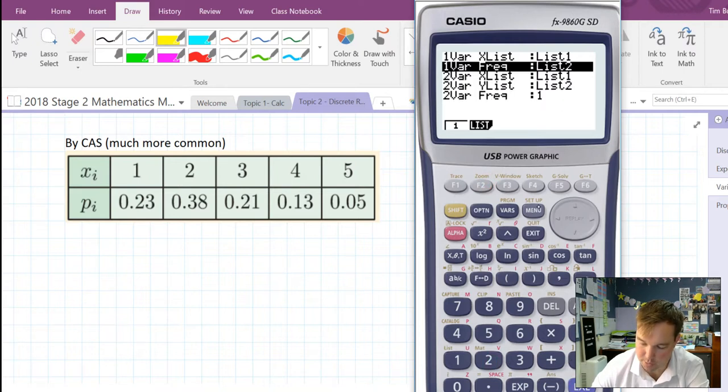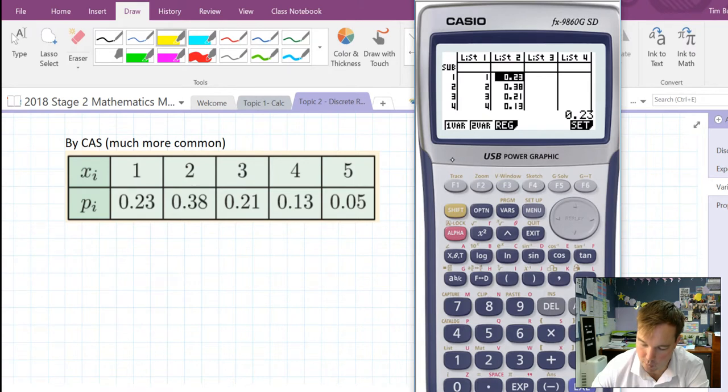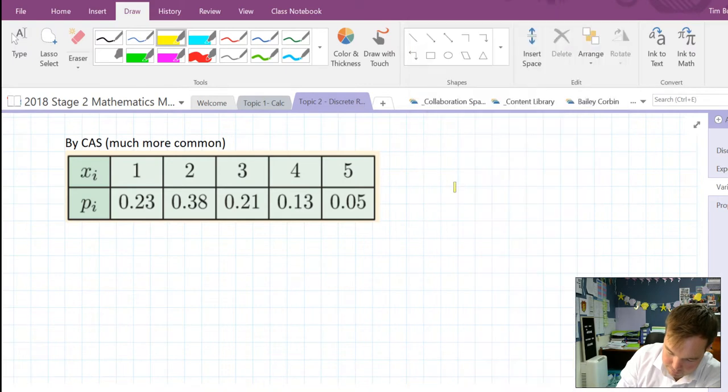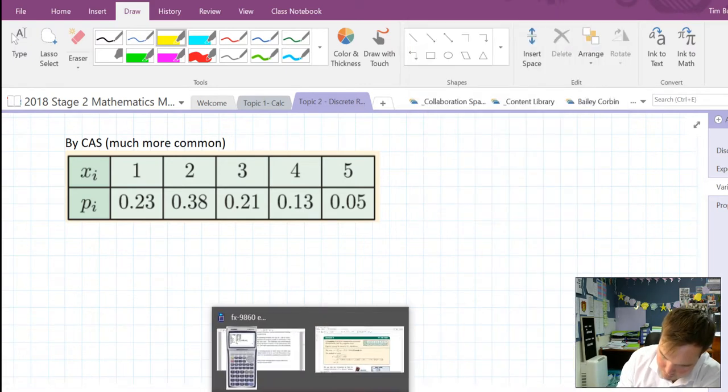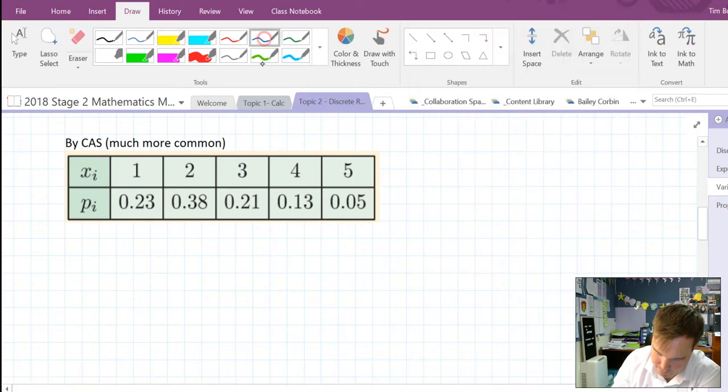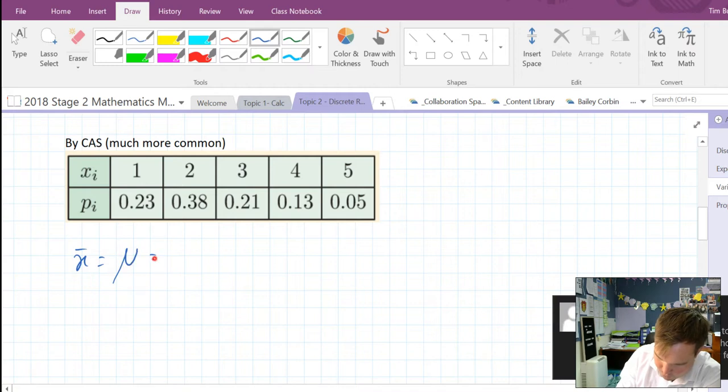So have it set like that, list 1, list 2, exit, and then click 1-Var. And what this is saying is that x bar is 2.39. X bar is equal to mu is equal to 2.39.